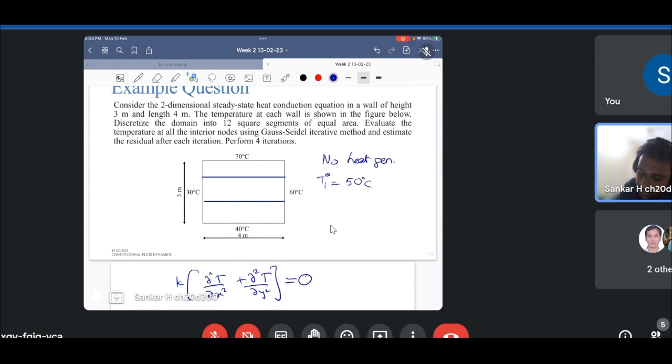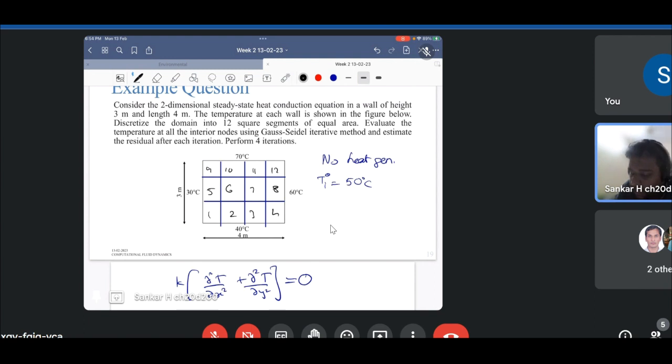Therefore each of these segments will be 1 meter, and each of these segments also will be 1 meter. So totally there are 12 segments, as given by 1, 2, 3, 4, 5, 6, 7, 8, 9, 10, 11, 12.